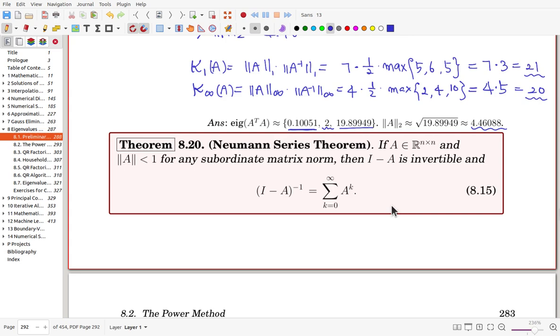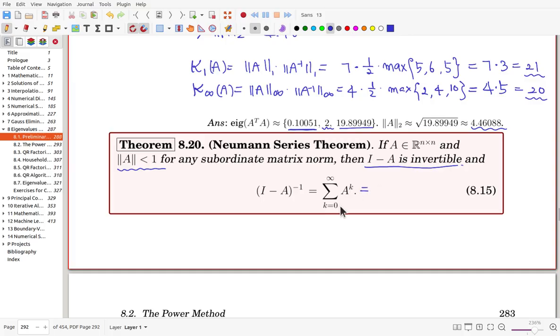A is a square matrix, and for any matrix norm, for any subordinate norm, if the norm of A is less than 1, then no matter what it is, if we satisfy this one, then identity minus A must be invertible, and its inverse can be expressed in this way.